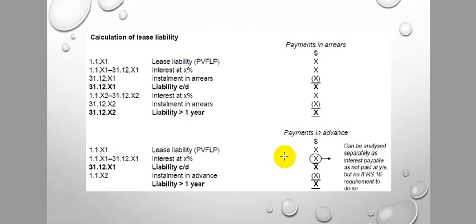What you get after subtracting the installment is your non-current liability portion for December X1, and the difference between the non-current liability and the liability as of December X1, basically, which is the installment in advance, becomes your current liability portion for December X1.